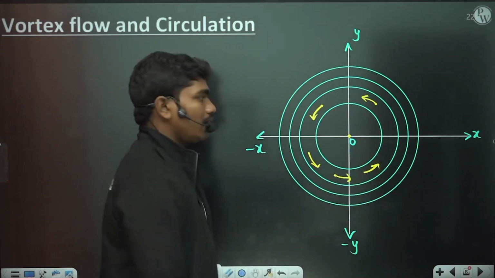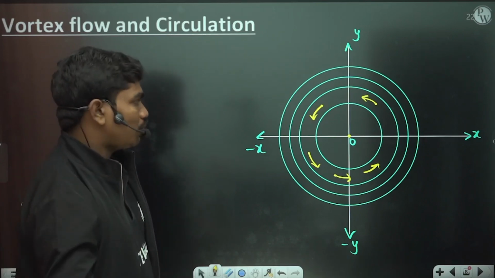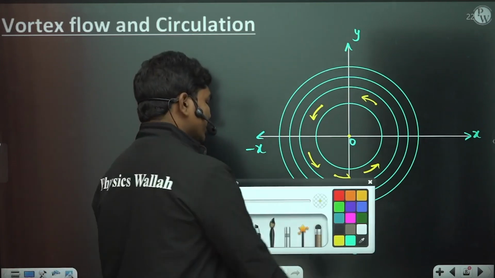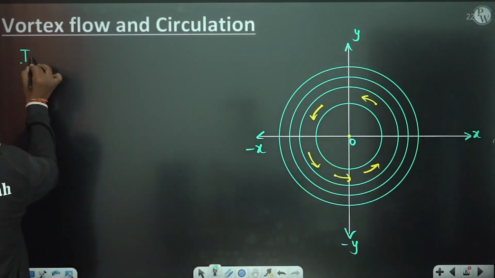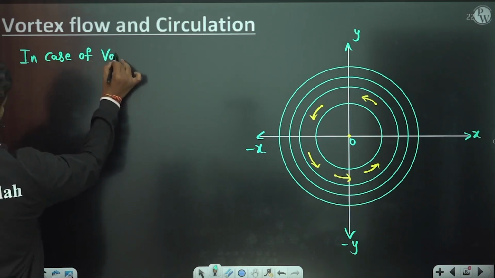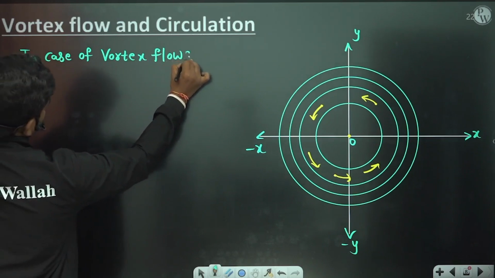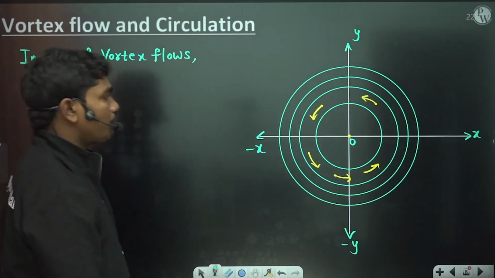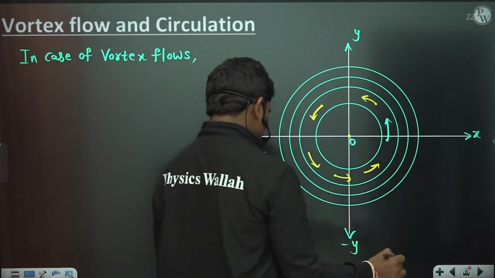Now try to understand this. This is a vortex. Normally we take clockwise as the positive sense. Now if you see this vortex flow, please tell me, in case of vortex flows, of course we are talking about the free vortex. This is a free vortex, for example.